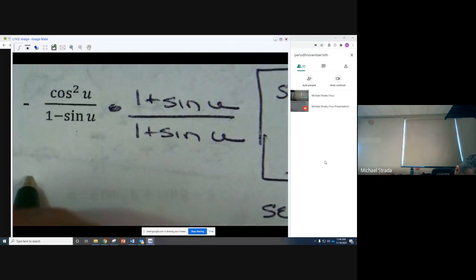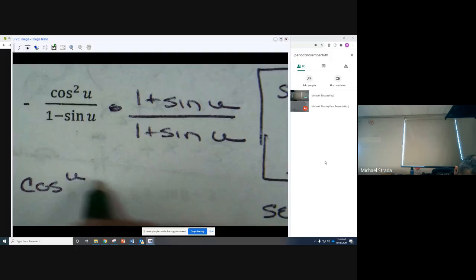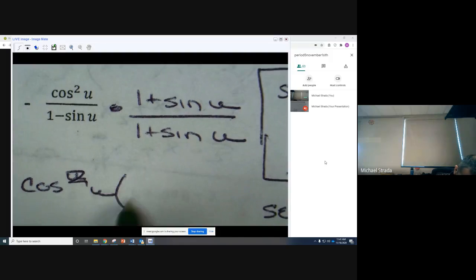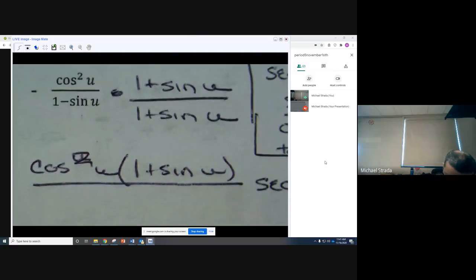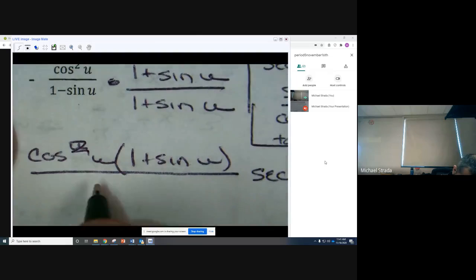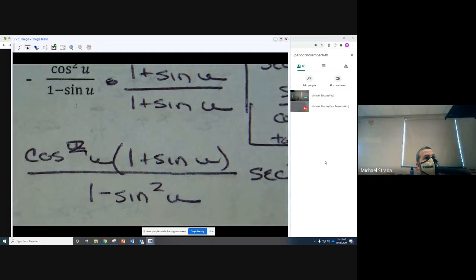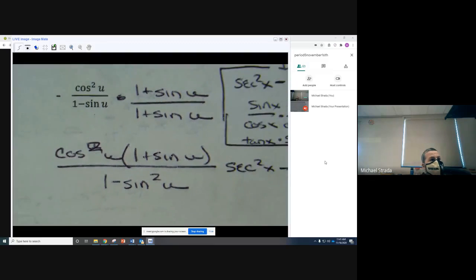So I'm going to leave it as cosine squared u times 1 plus sine u over. Now remember, conjugates, outers, and inners cancel out. That's 1 minus sine squared u.